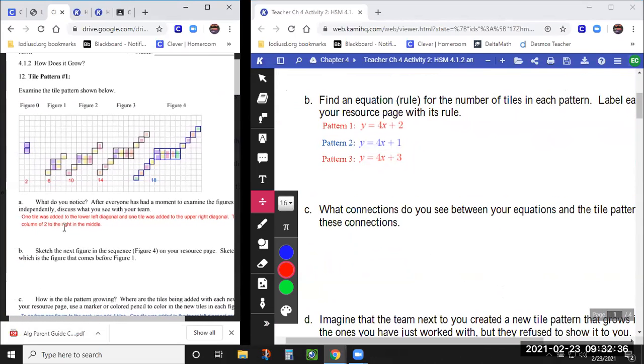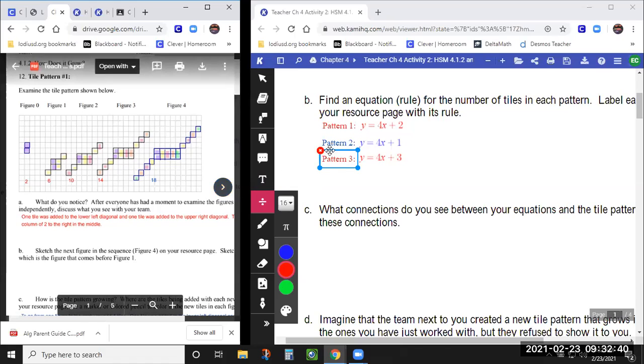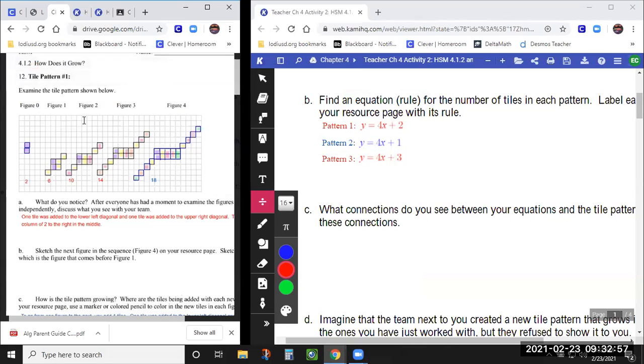We're talking about the equations that we made and the tile pattern we found based on the picture. So when we were looking at our first one, how are we linking the 4x plus 2? Say it in words and relate it to our picture.